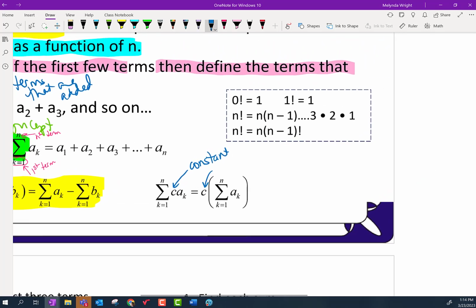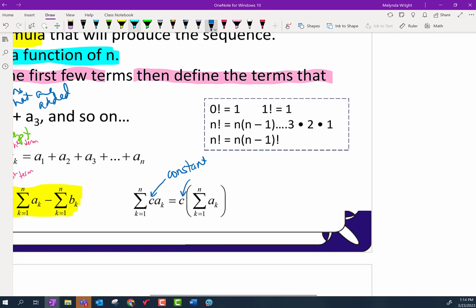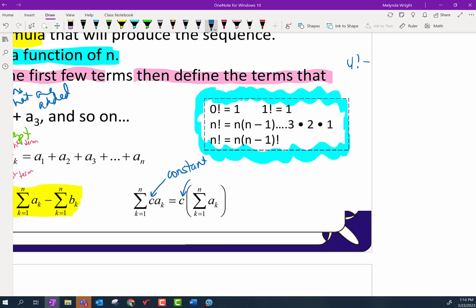As far as factorial notation goes, let's just briefly talk about some factorial notation. I know we've talked about factorials before, or you've heard of factorials. Just as a reminder of how it works, 4 factorial would be 4 times 3 times 2 times 1.